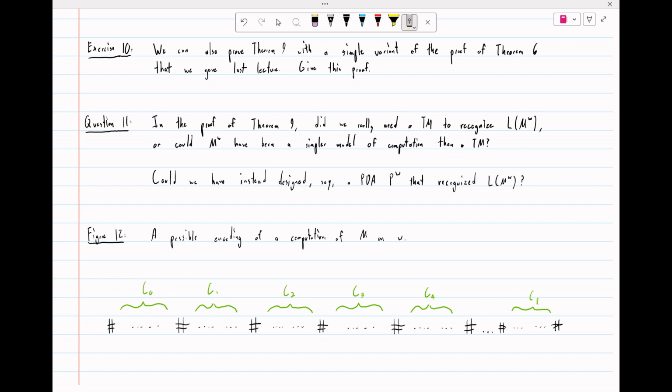Now I need to check that each of these C_i follows from C_{i-1}. And I can do that by zigzagging back and forth, and checking that the strings are the same, except around where the tape head is, because that's where the change indicated by my transition function is going to happen.